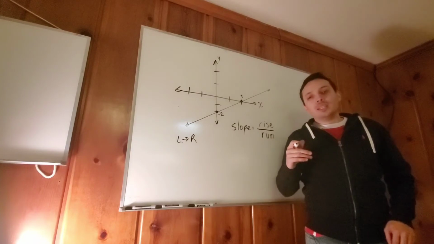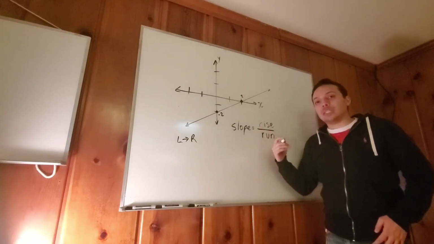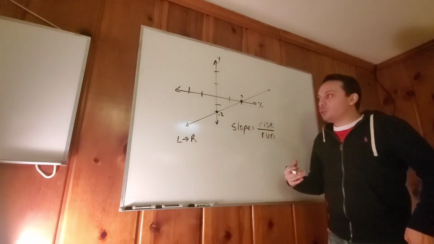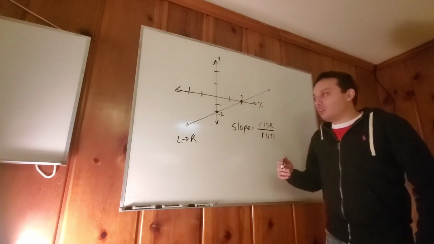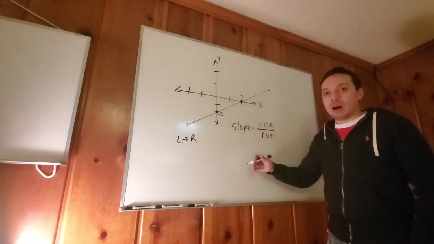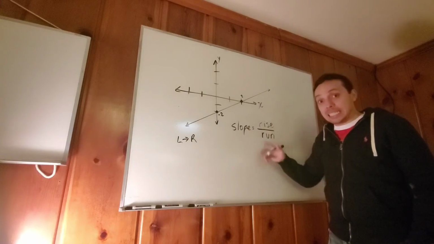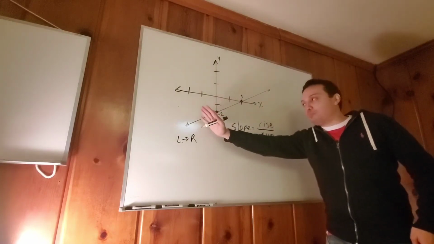Okay, so that's why I don't like it, because I don't think these words actually are meant to show how a line could move, because a line could move up or down. And so it could rise down, or it could run backwards.